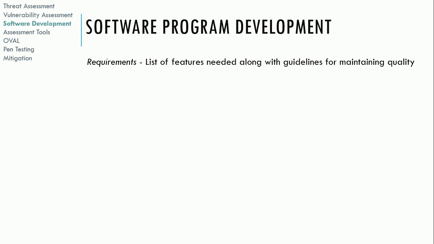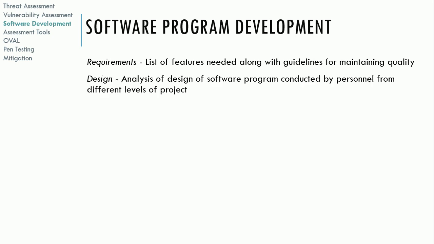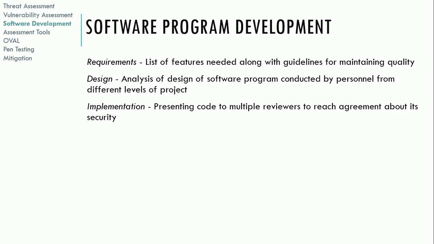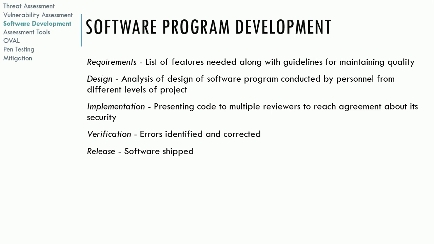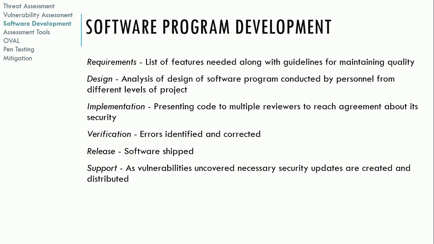Again, in software development there used to be a very regimented life cycle, which looks something like this. You started with requirements, where you list the features that you need. Then you did some design, where you tried to design a system that would meet those needs. Then you implement by coding the new system, and then you verify by doing some testing, and then you do a release. So you ship the software after the testing, and then you do ongoing support.